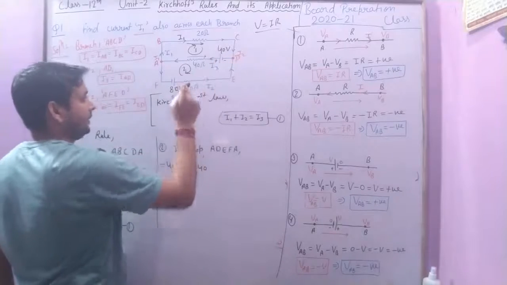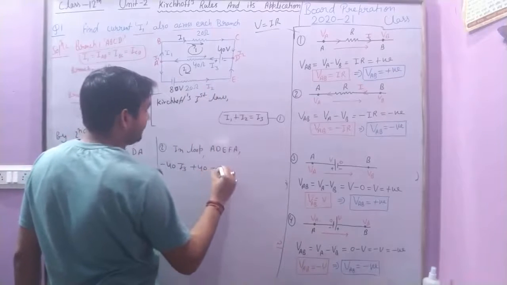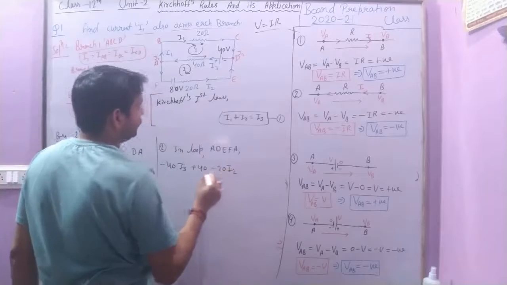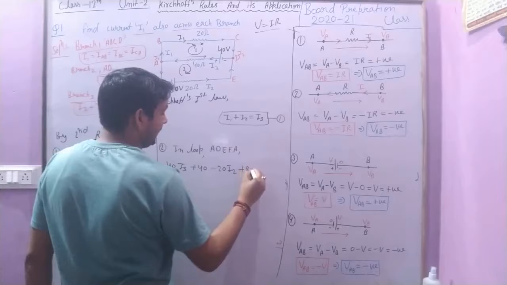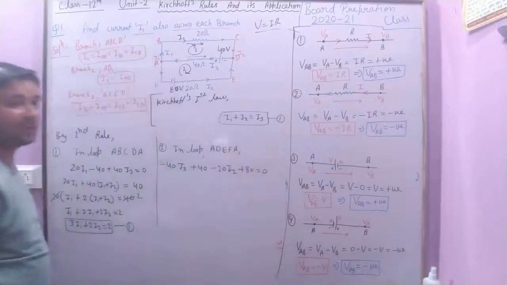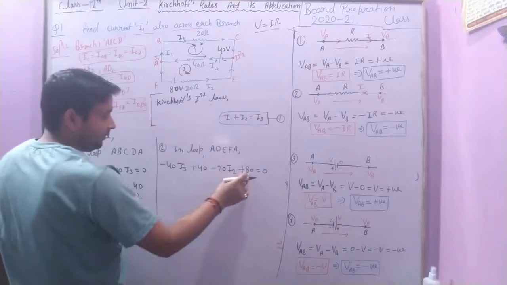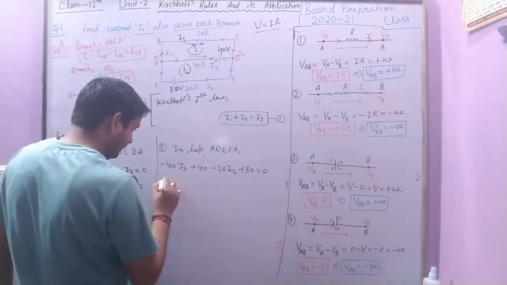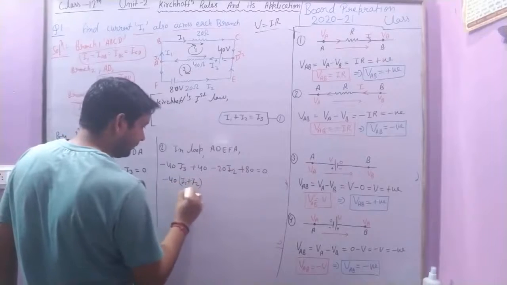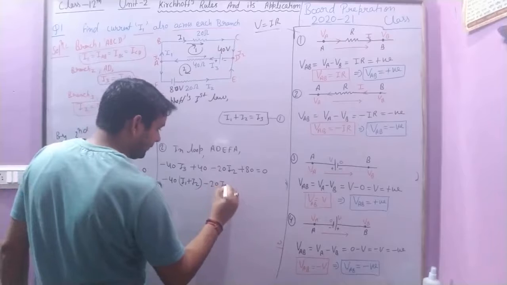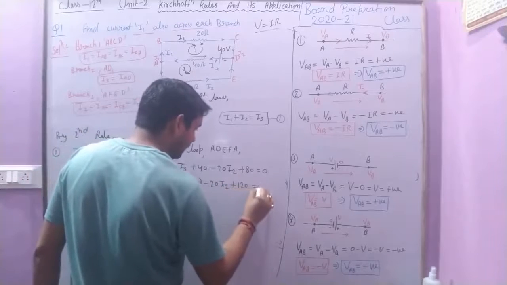Then here is opposite direction, that is minus 20 I2, and then positive to negative, that is plus 80 equal to 0. Clear? Then minus 40 (I1 plus I2) minus 20 I2, and this will be plus 120 equal to 0.